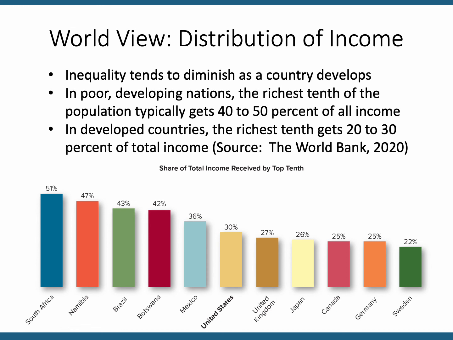The U.S. is on the high side of the richer countries, meaning our income is more concentrated than the other similar economies. On the left, though, these are the poorer nations. You can see South Africa, Brazil, Botswana, 40 to 50%. So the richest 10% of the people are earning 40 to 50% of total income. So it's more concentrated.